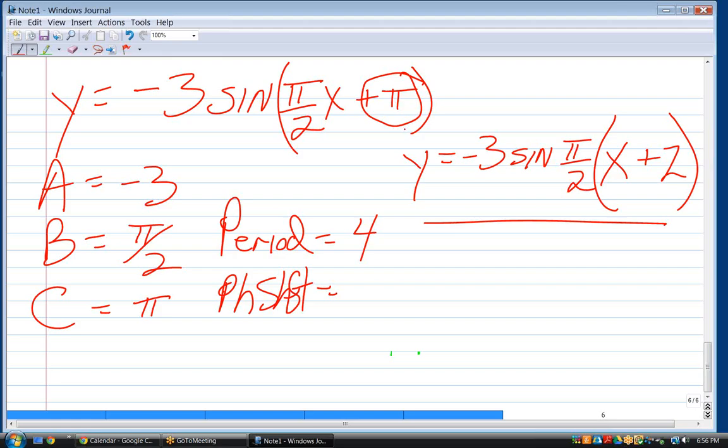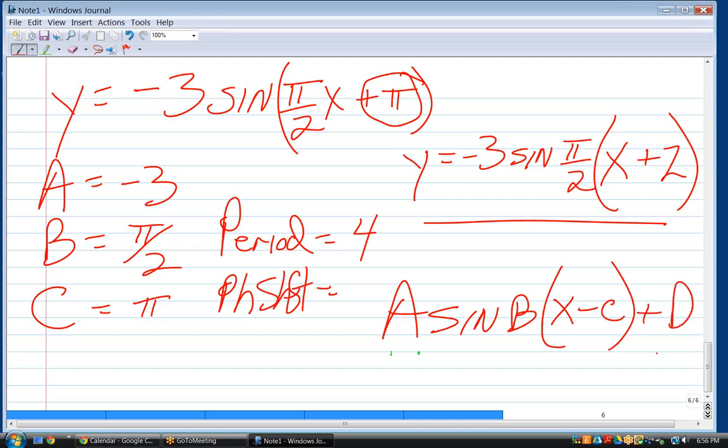It depends on the school system you're in. There are 3 different standard general formulas that are used. One is A sine of B, outside the parentheses, times x minus C. This is my favorite because in this one, C is the phase shift.